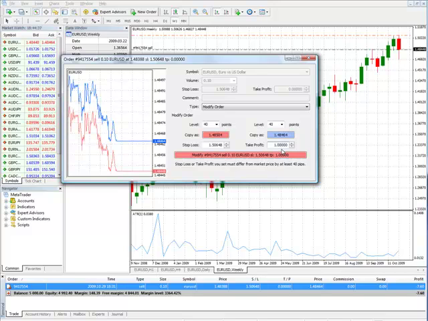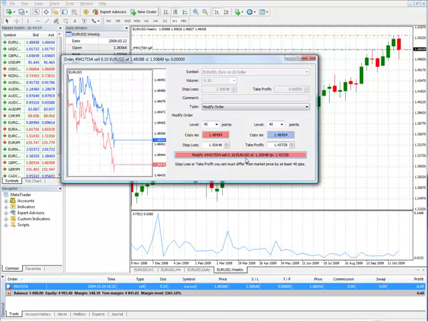So if we go below, I'm going to base this on our entry point, 43728. Okay. So we're going to modify that, take profit, and click modify.